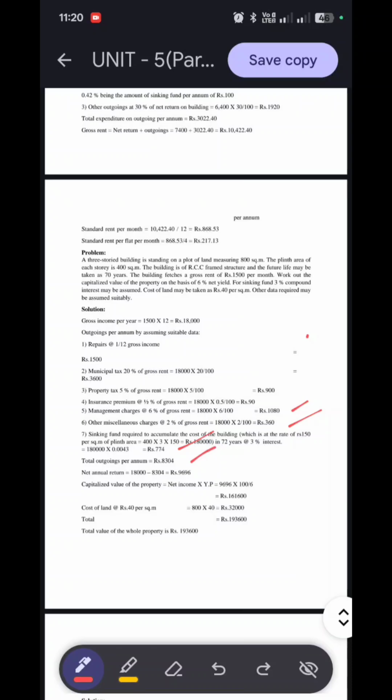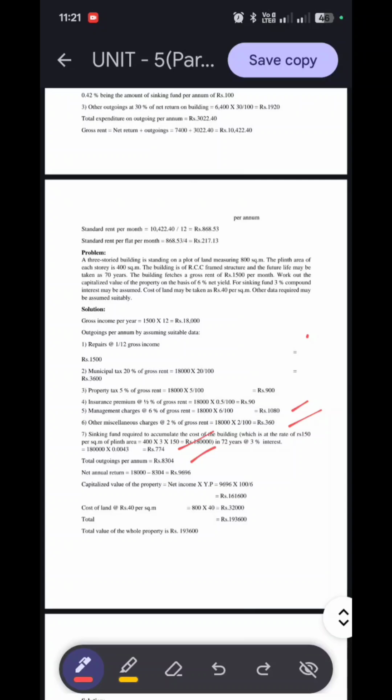Net annual rent is equal to 18,000, the gross rent per year, minus all outgoings. So 18,000 minus 8,304 rupees. Now the value of net income is 9,696 rupees.